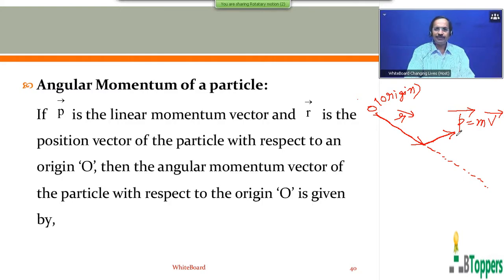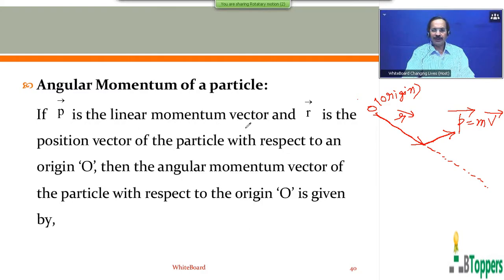So, look at the screen here. I am going to read out the basic definition of the angular momentum of a point mass or particle, as given in one of the applications of cross product of vectors. Those who are writing the notes can take a pause now and write the statement shown on the screen.